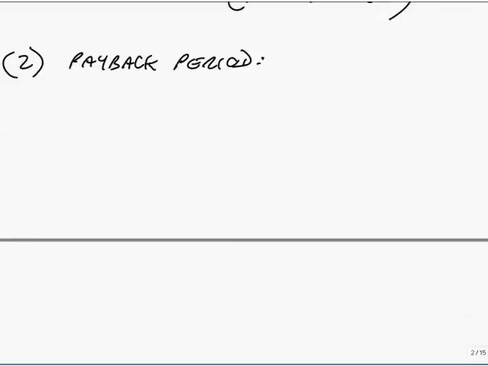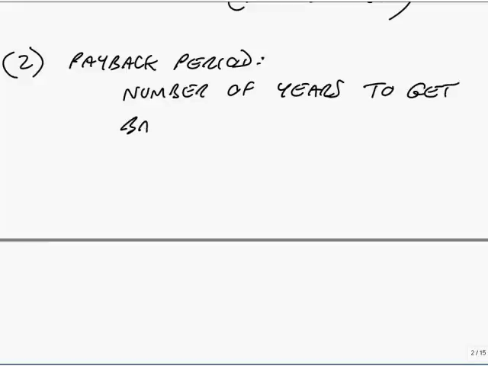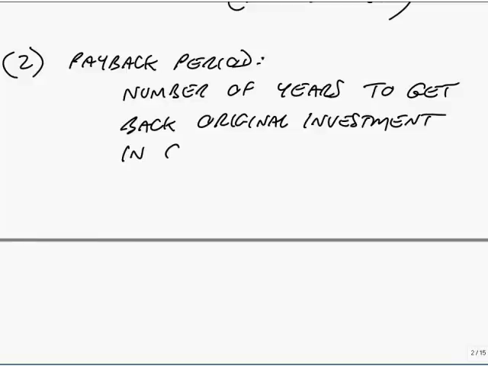The payback period is the number of years it takes to get back the original investment, and although it's implicit, in cash terms.